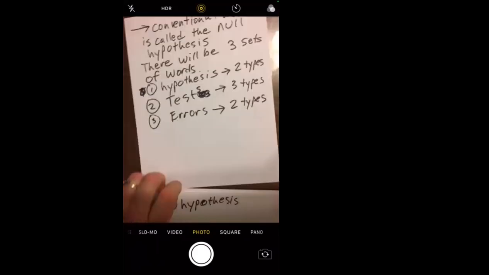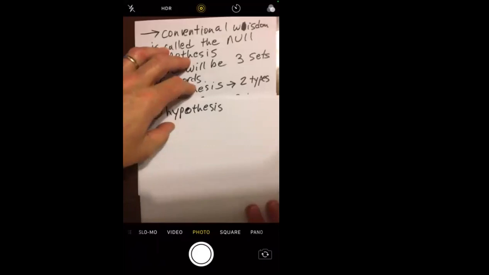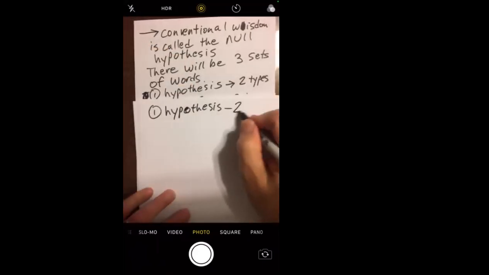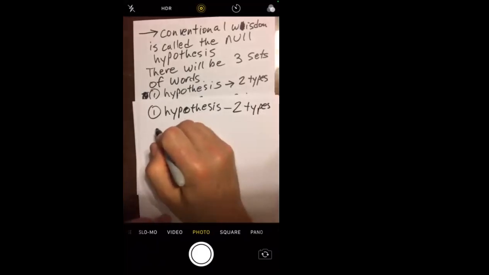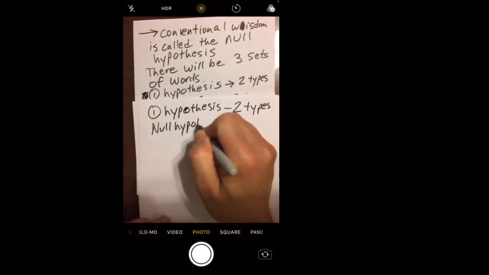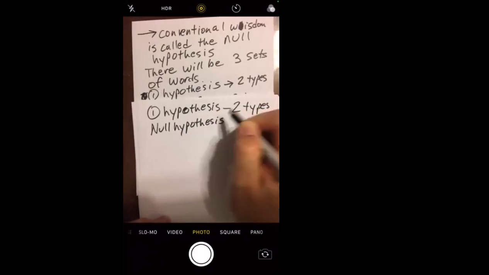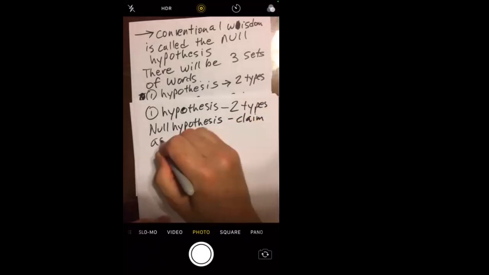Again, we've said that there are two types. There is the null hypothesis. It is a claim assumed to be true.